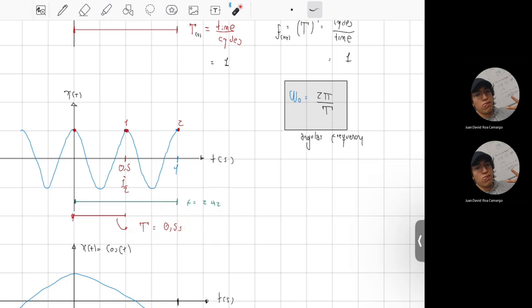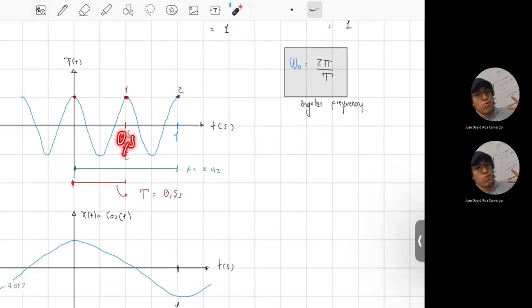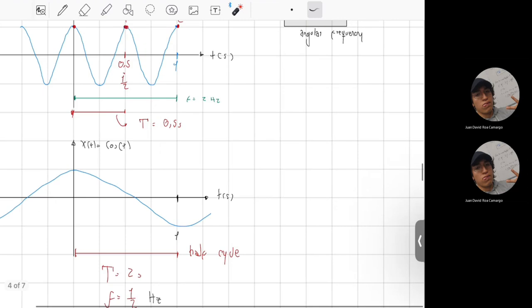Why? Because we don't need to wait 1 second for the same phenomenon to occur, but actually we just need to wait half a second. So this is why the period decreases and the frequency increases. They're inversely proportional to each other.